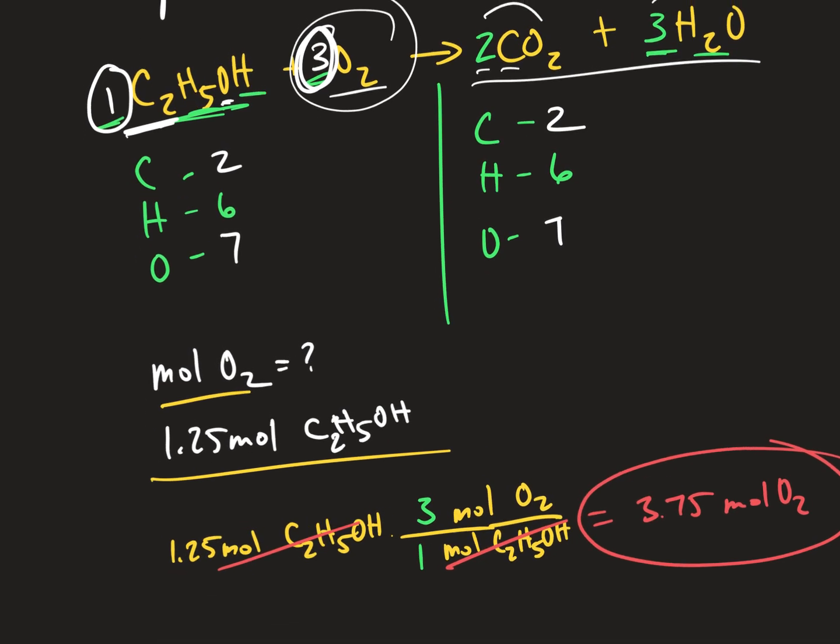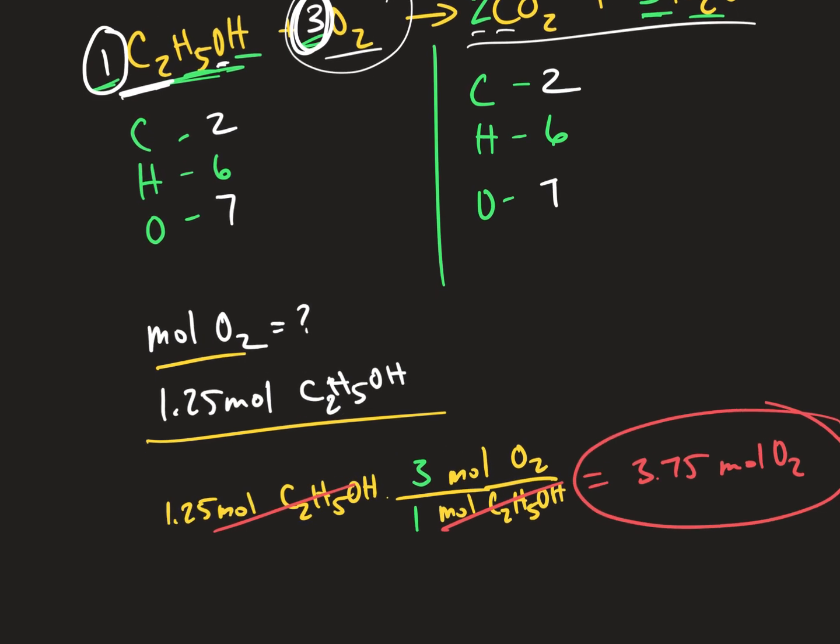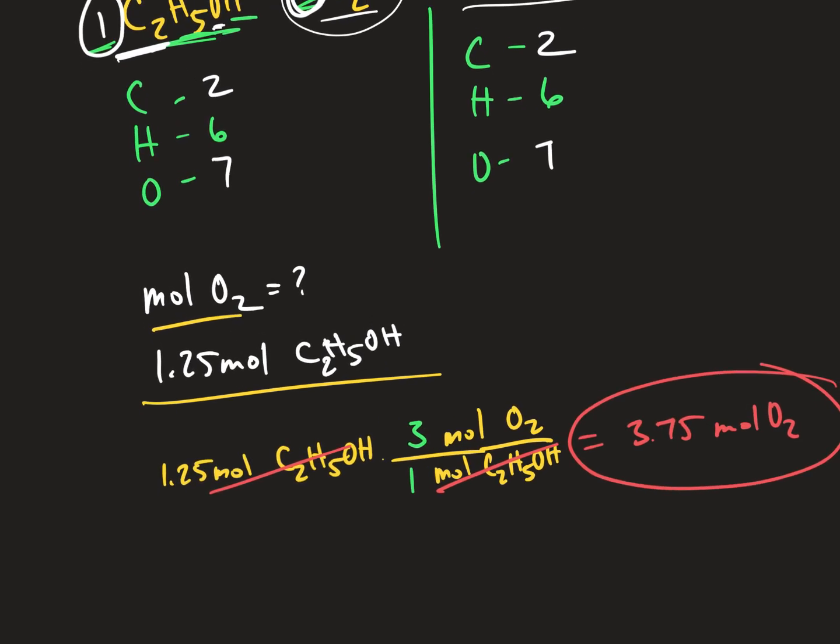So that's why you have to have a balanced equation before you do any of this stuff. Okay? Any other questions? Do you want to try the last one on your own, or are you ready to move on? You move on? Okay.